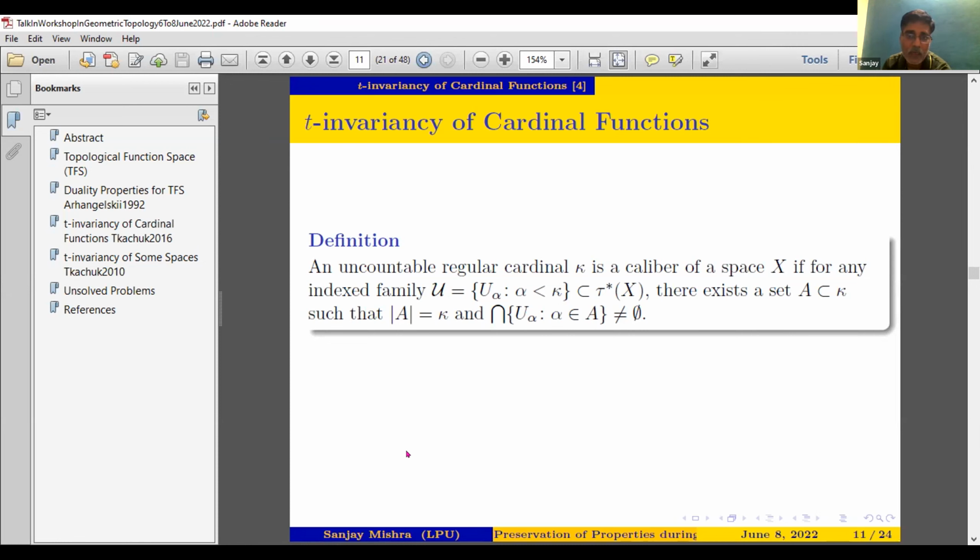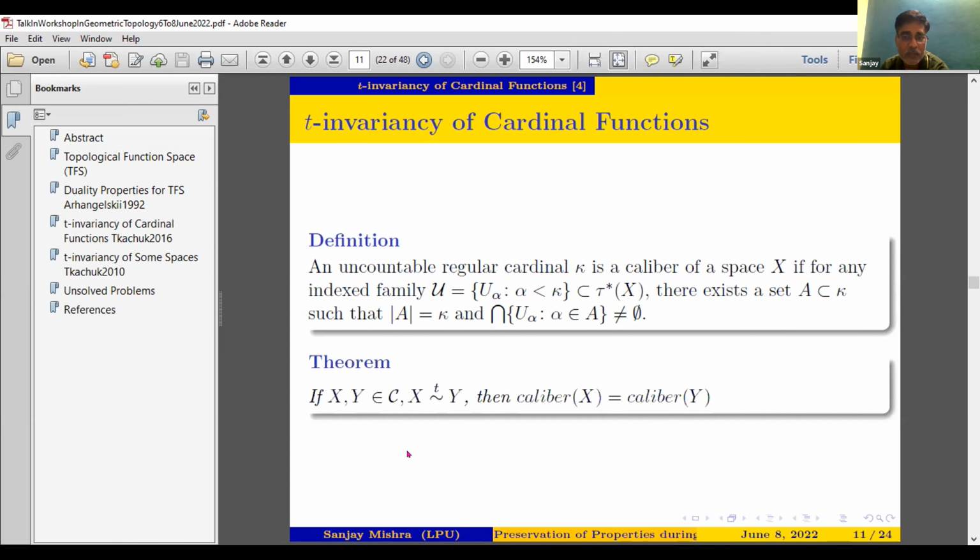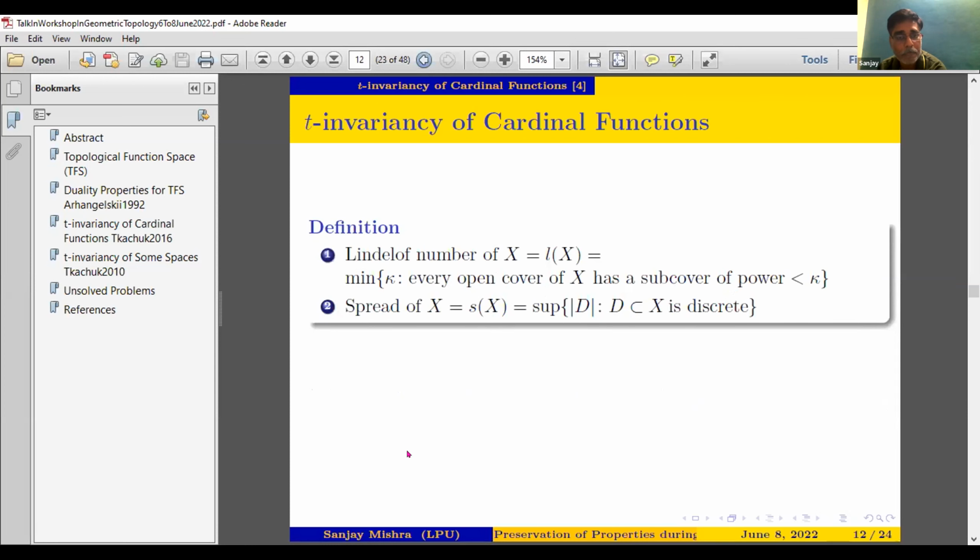So this is the caliber of X, and the next result tells us how the caliber of X is a T-invariant. So we have another important result that the caliber is a T-equivalent property.